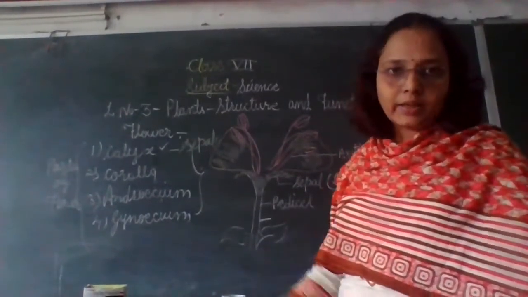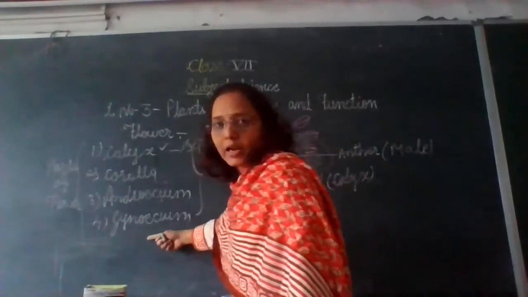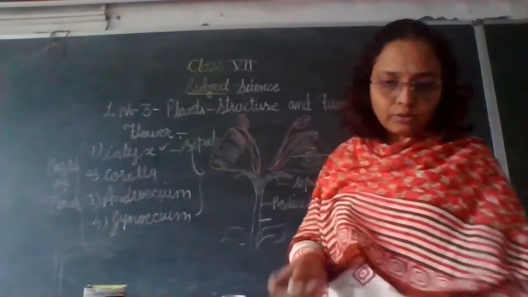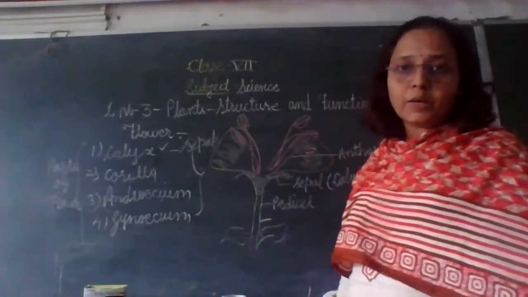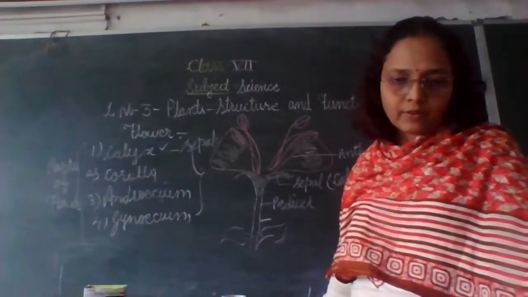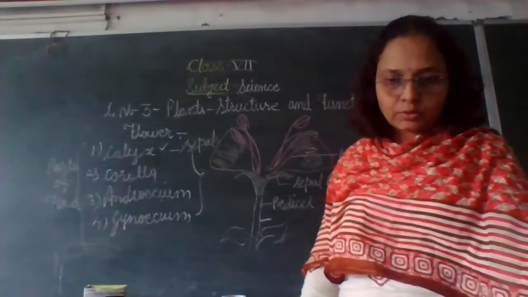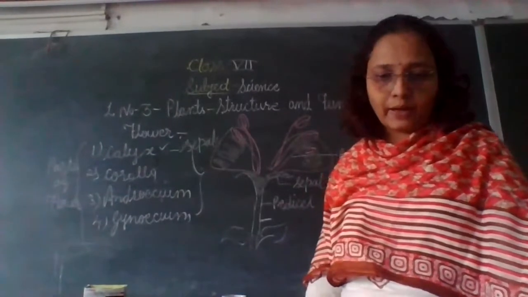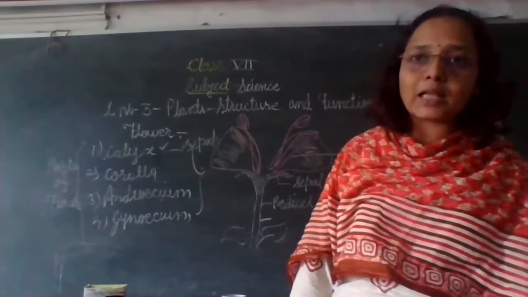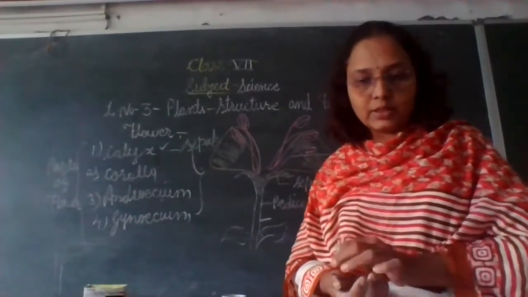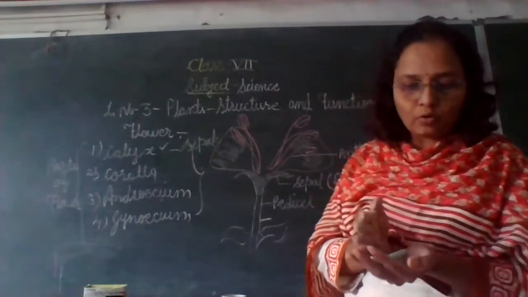Okay, children. Then the last part, that is the gynoecium. The gynoecium is the female reproductive part of the flower. It is made up of carpel. A carpel consists of stigma, style and ovary.